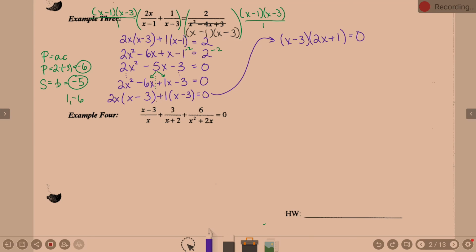And then we can set each part equal to 0. X minus 3 equals 0, or 2x plus 1 equals 0. We get x equals 3, and subtract 1. We end up with, divide by 2, negative 1/2.